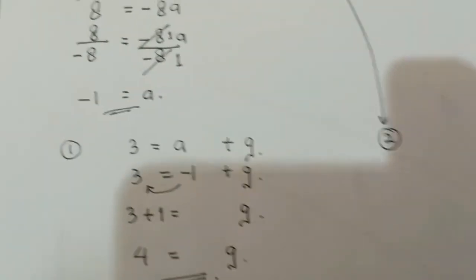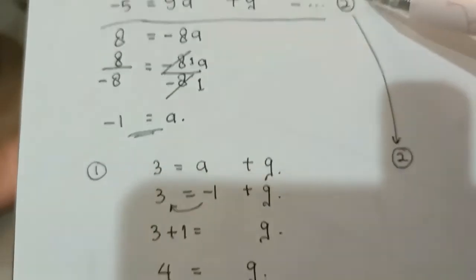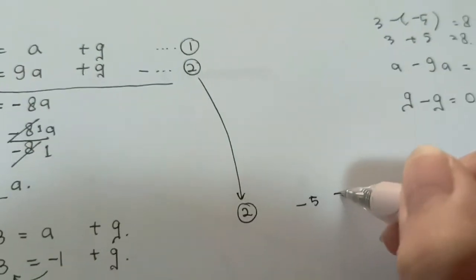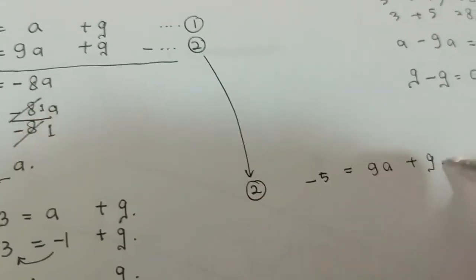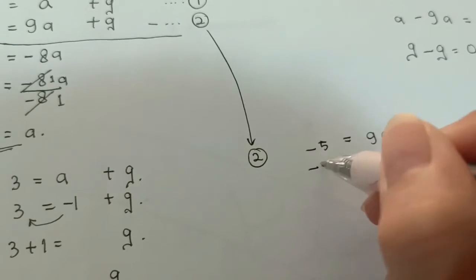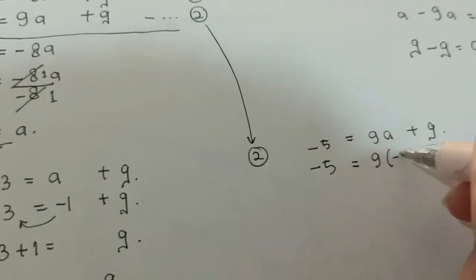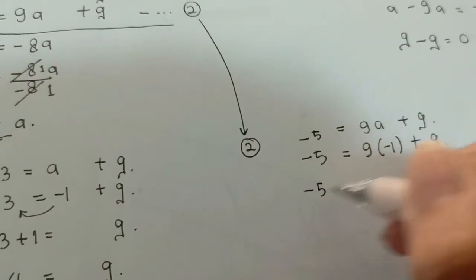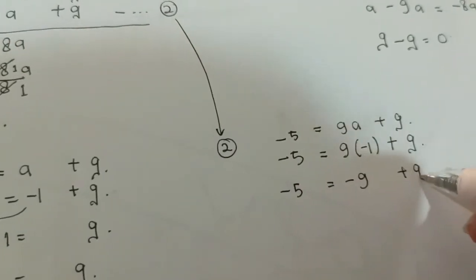What happens if we use the other equation for finding the q? Let's try it. So −5 = 9a + q. −5 = 9 × (−1) + q. −5 = −9 + q.